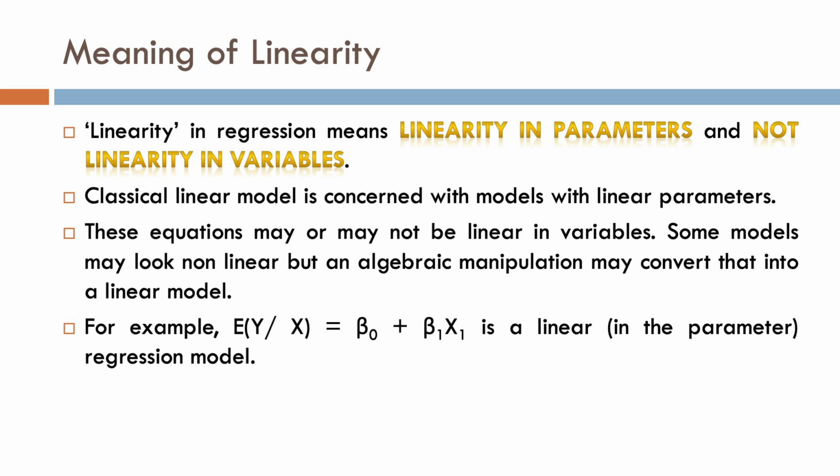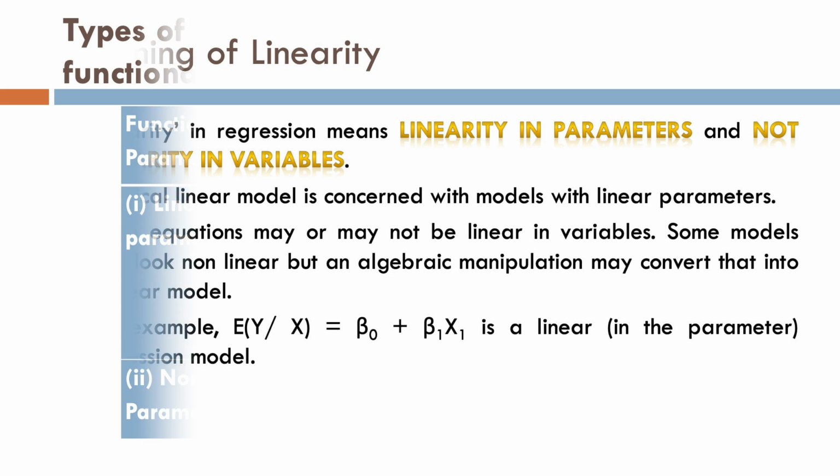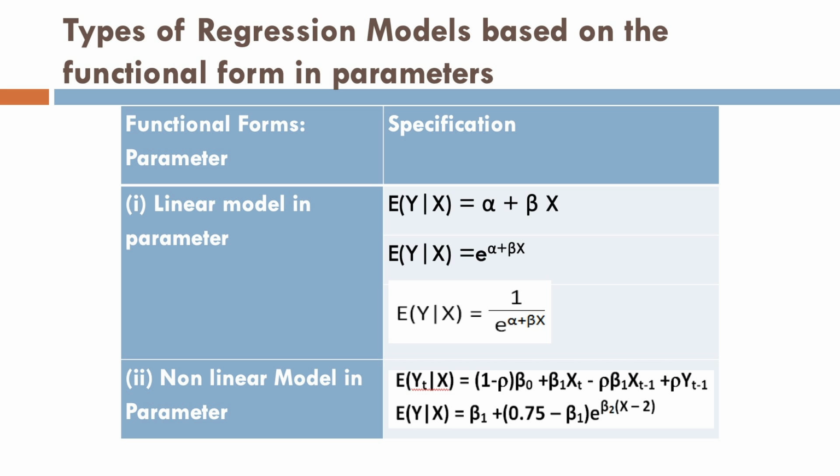For example, y is equal to beta 0 plus beta 1 x 1 is a linear equation, linear regression. See the case here. y is equal to (1 minus rho) beta 0 plus beta 1 x t minus rho beta 1 x t minus 1 plus rho y t minus 1. In this equation, in the first term you have two parameters, rho and beta 0.